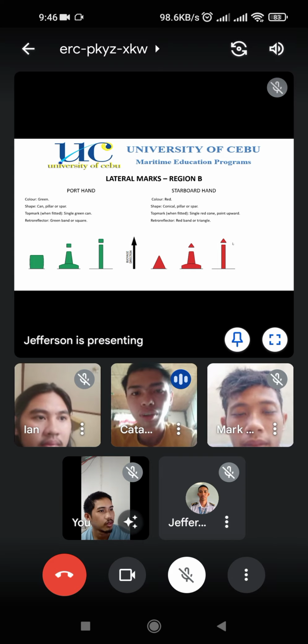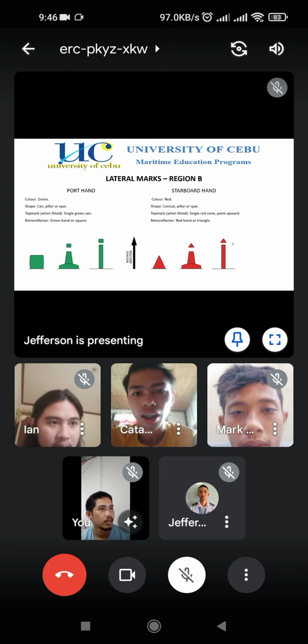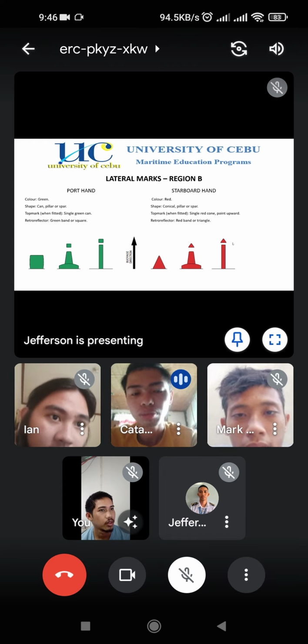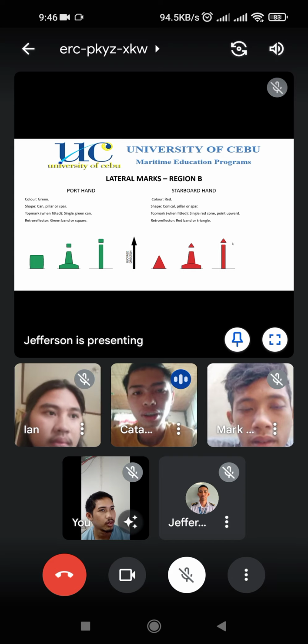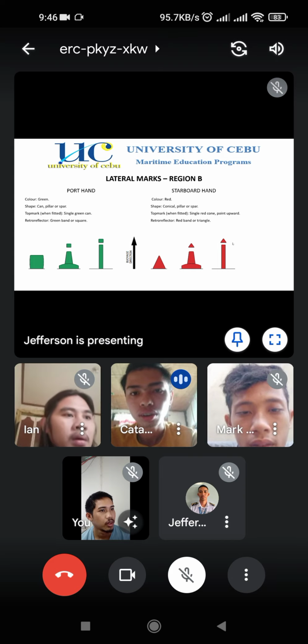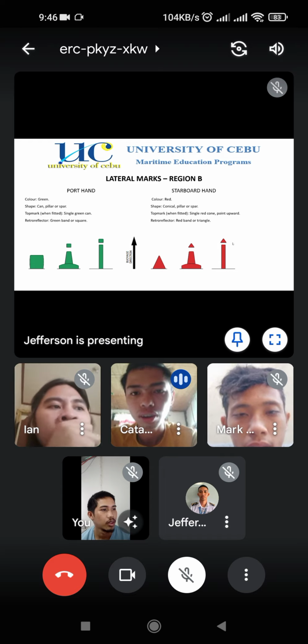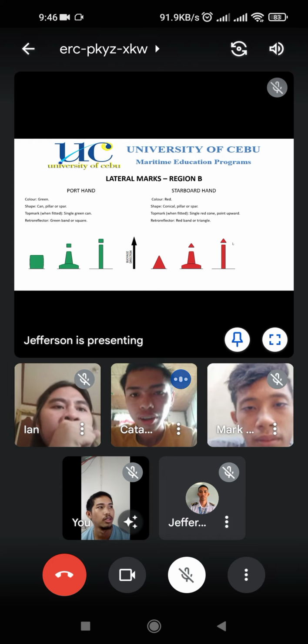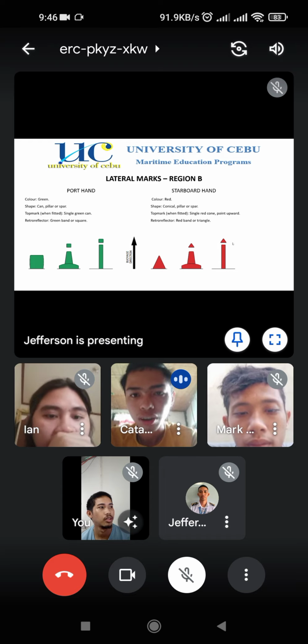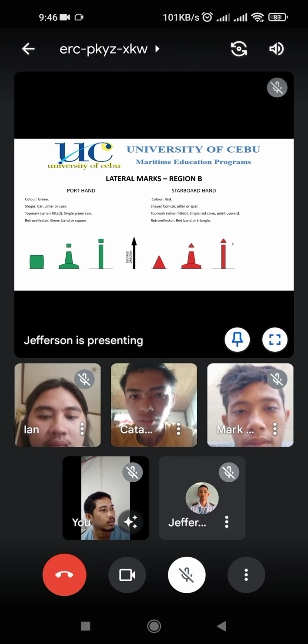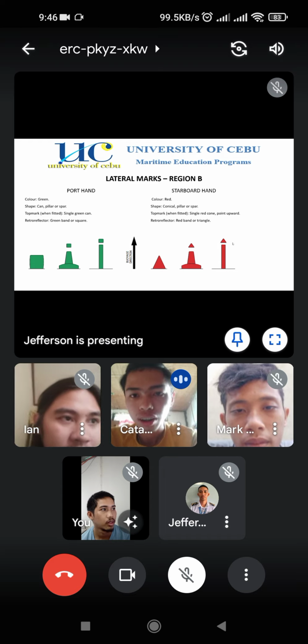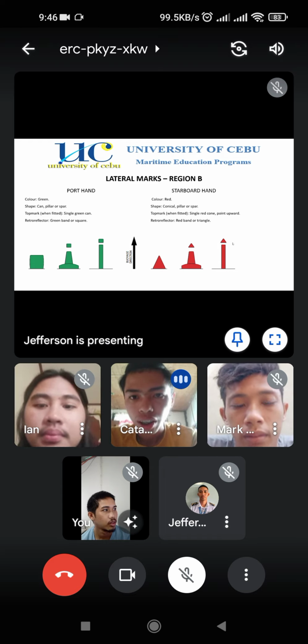So the port hand is unlike region A because in region B the color is green and the shape is can. So let's go to the starboard hand. In the starboard hand, the color is red, the shape is conical, pillar, or spar, and the top mark when fitted is a single cone point upward.